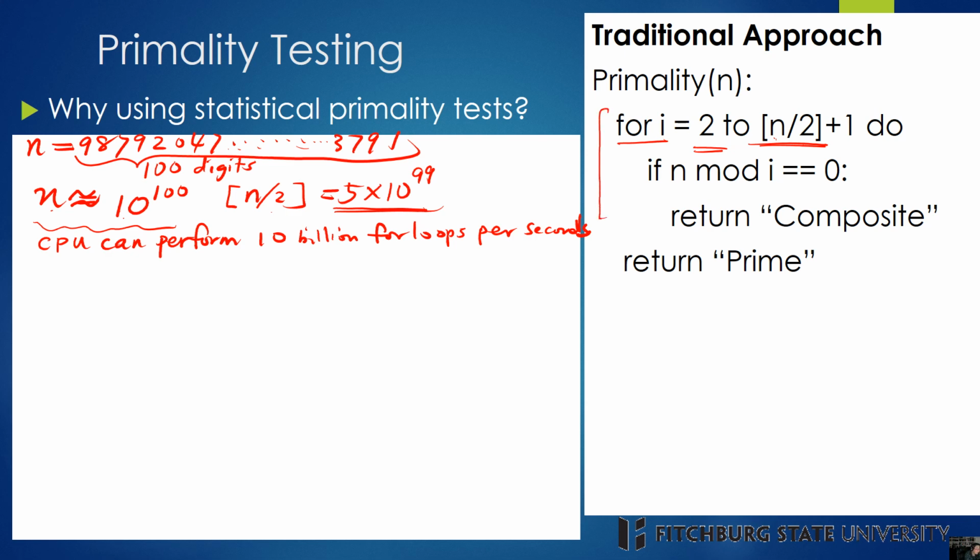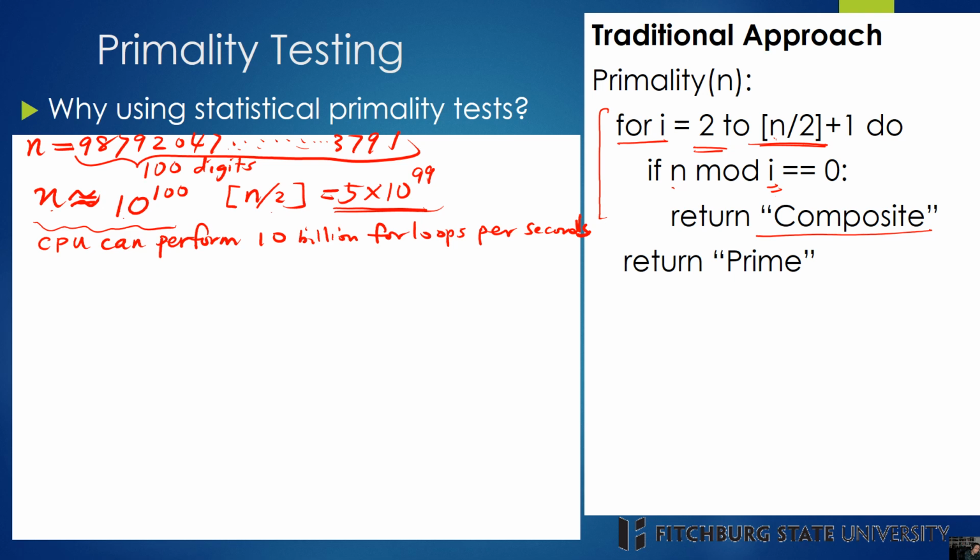Of course, looping through half of this number n is the worst scenario. If for a certain number i, which can divide n, so that means n mod i equals 0, that means n divided by i has remainder 0, so i divides n, then I stop the algorithm and return composite.